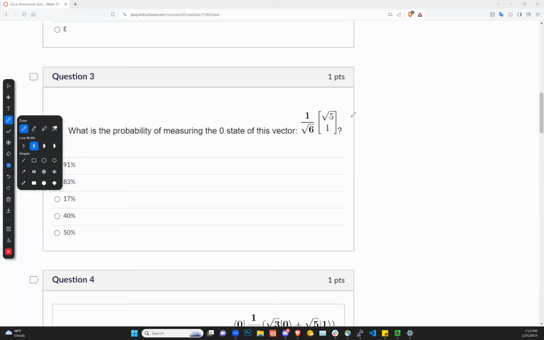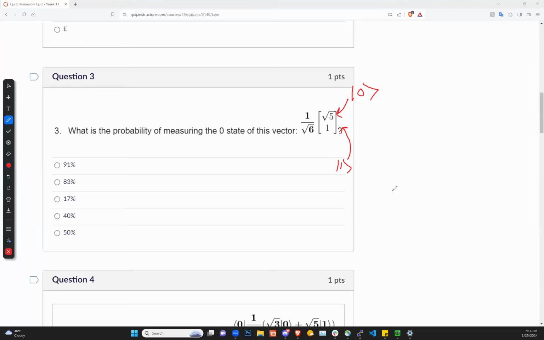To calculate the probability of measuring a specific state, we use Born's rule, which states that we take the square of the component that corresponds to that state. Just as a reminder, the top number corresponds to the 0 state, and the bottom number corresponds to the 1 state.